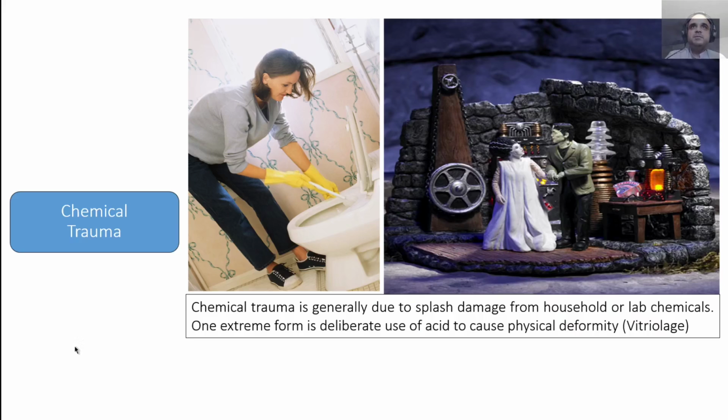Finally, chemical trauma. Chemical trauma is usually caused by household chemicals, or if you're involved in a trade that involves a lot of chemicals, or in your lab. One really extreme example of chemical trauma is vitriolage, which is an intent to disfigure and is a crime, but is classified as chemical trauma.